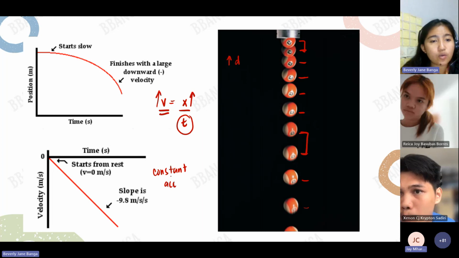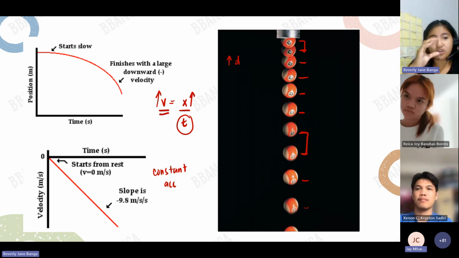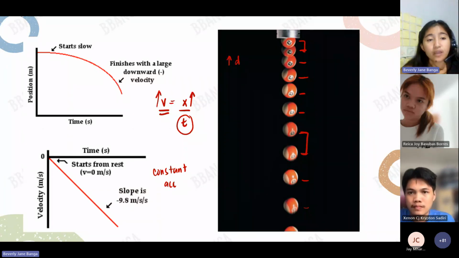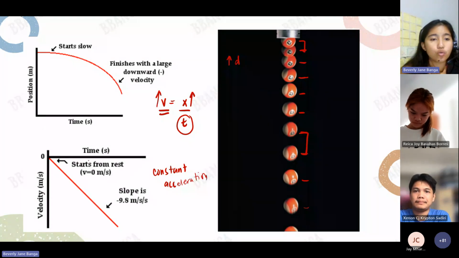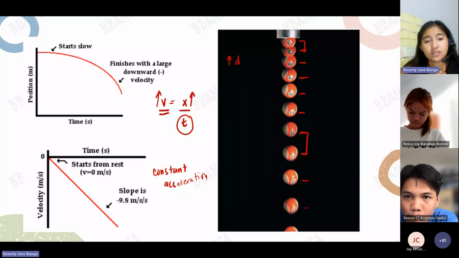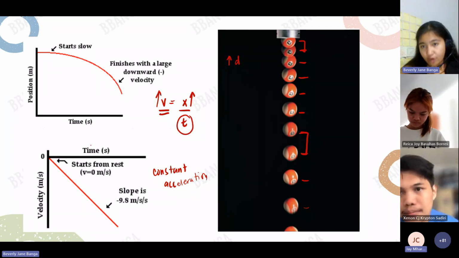Kasi pag kinuha mo yung slope nito, linearly decreasing lang kasi nasa negative y. Therefore, meron kang constant na slope. Therefore, you have a constant acceleration. Kasi yung tinutukoy ng slope ng line na to is the acceleration from the velocity time graph.